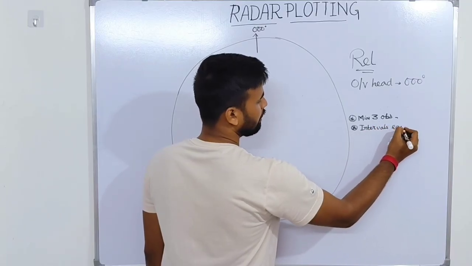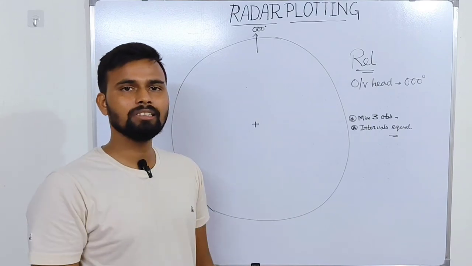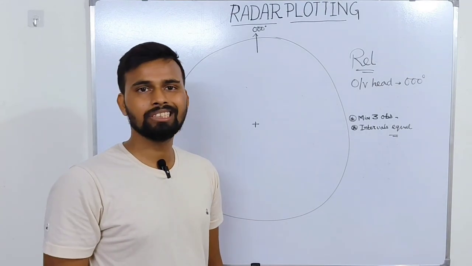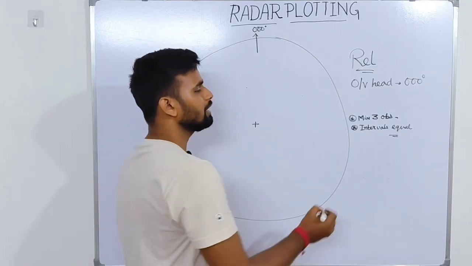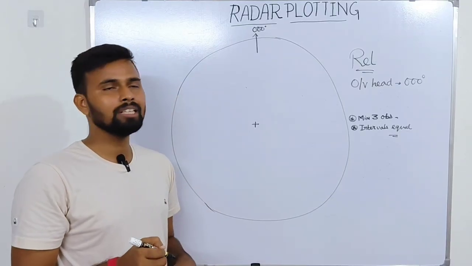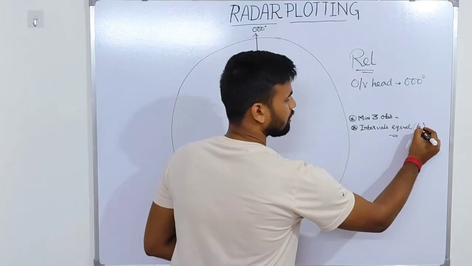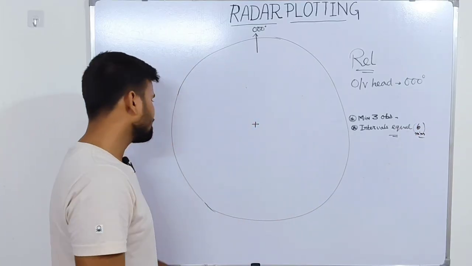Intervals should be equal. That's why it's known as series of consecutive observation. So series means it should be 3 minimum, and consecutive means the interval shall be equal. But for our ease of calculation, we take it as 6 minutes. We always take it as 6 minutes.